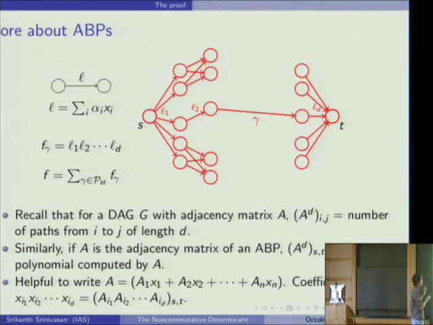And similarly from here, let's say the next input to my ABP is x_{i2}. Then from here, I branch to all these states with different weights, corresponding to the different weights that x_{i2} has in all these edges. And in the end, I'm going to get to t in all sorts of different ways, corresponding to all sorts of different paths. And the sum of the weights that I've accumulated along all these paths is going to tell me whether to accept or reject the monomial, right?